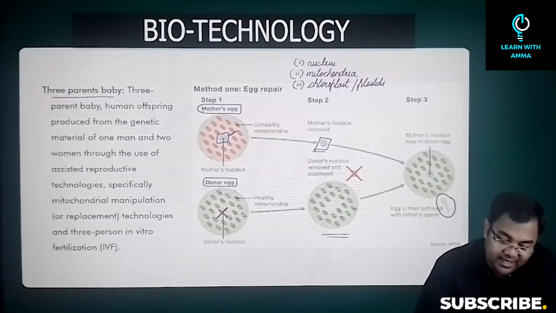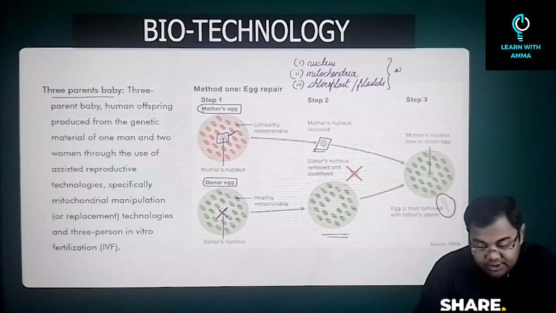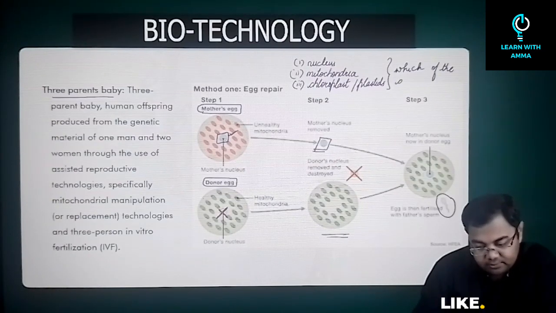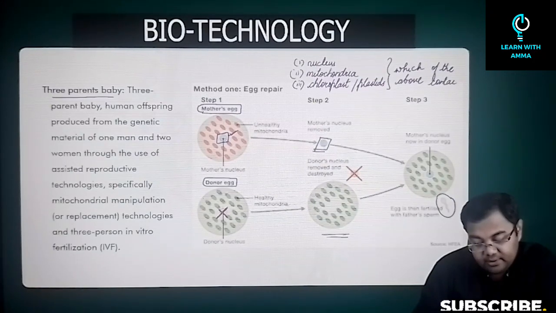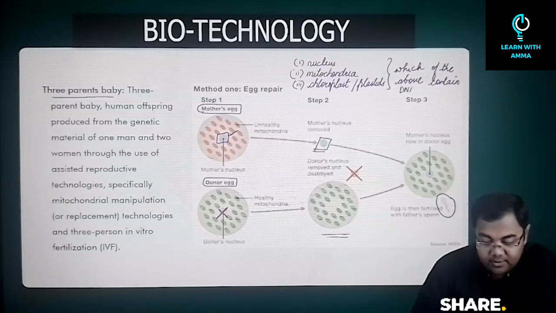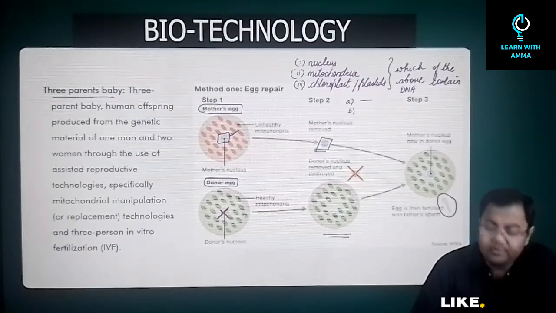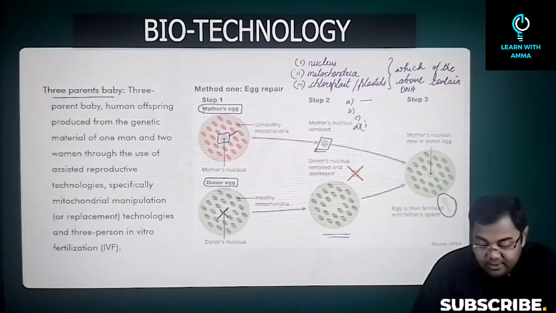And the question said, which of the above contain DNA? Alright, and then you had the four options: 1 only, 1, 2 and 3, 1 and 2, 2 and 3, etc. The answer actually was 1, 2 and 3.